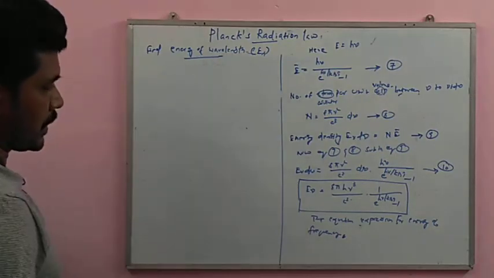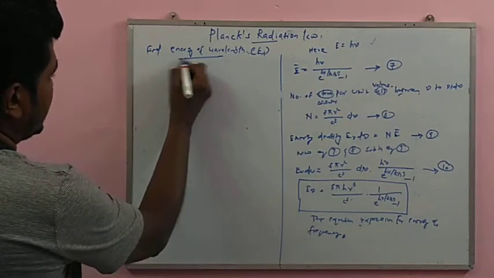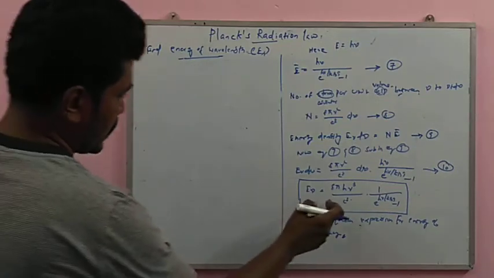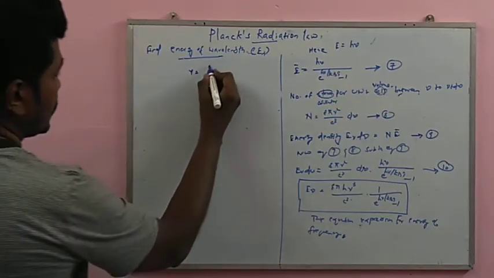The black body absorbs and emits for all energies or wavelengths. Here mu means frequency, and we know frequency is equal to c by lambda.